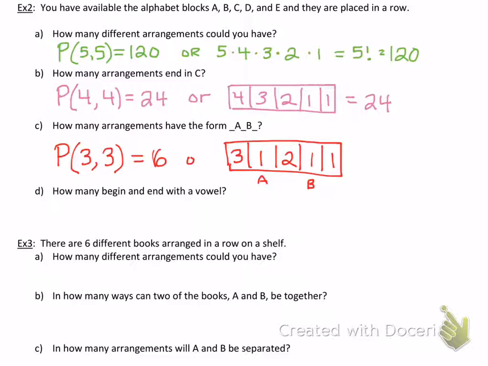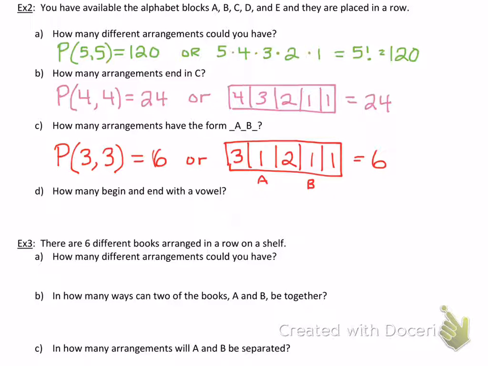So again, notice how you can do the counting method in conjunction with the permutation, just to verify. You could perform the permutation, but it is great to know how to do both. Okay, so then it gets a little bit tricky.